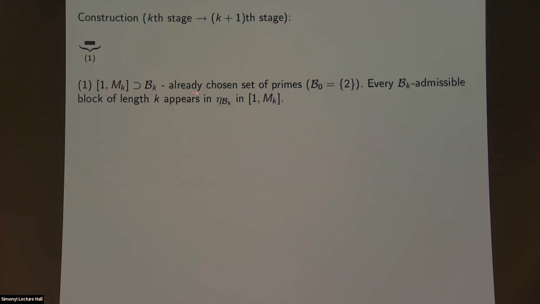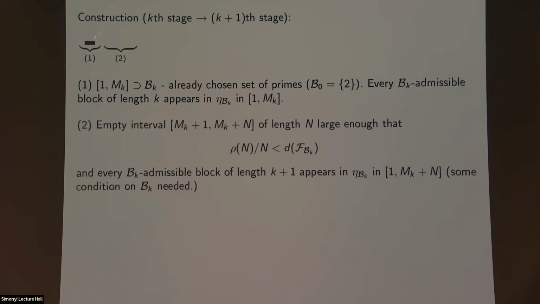Bk is already constructed. And as an inductive hypothesis, you have to assume several things. In particular, every Bk-admissible block of length k appears somewhere in this region in eta Bk. Then you leave some free space.